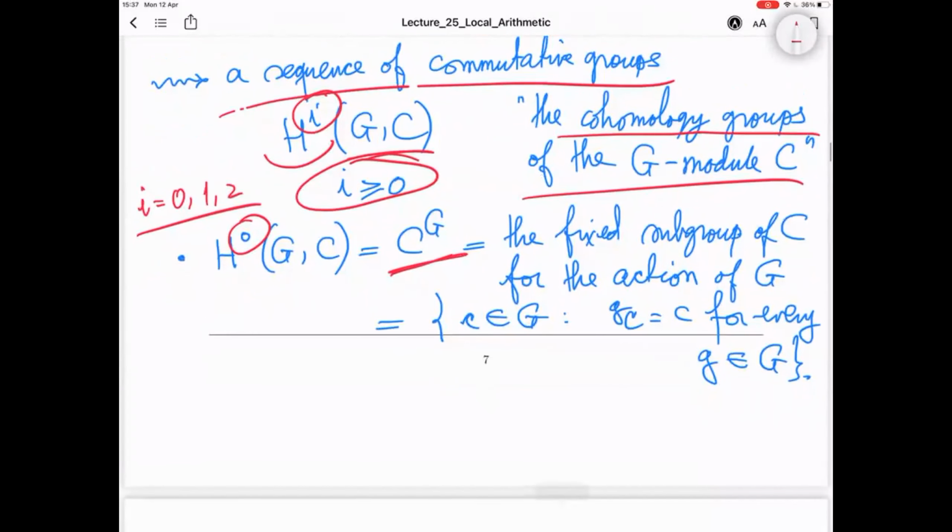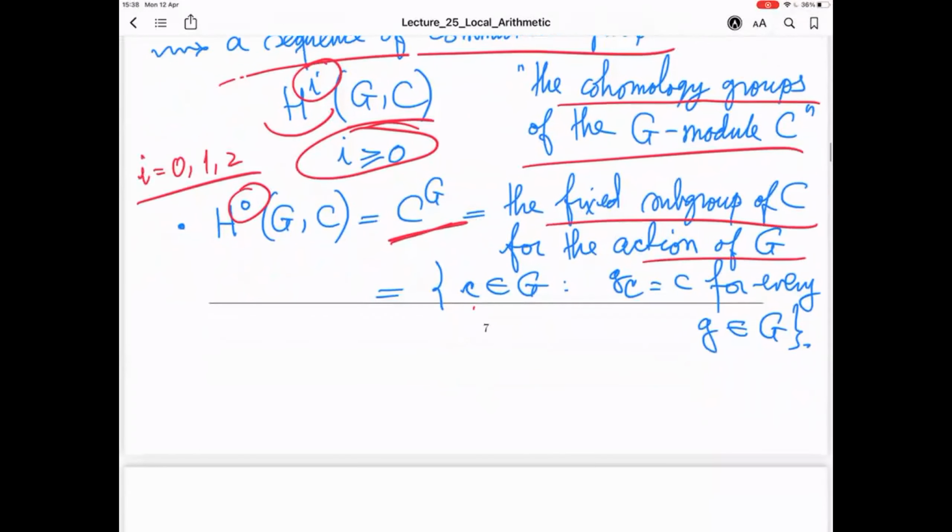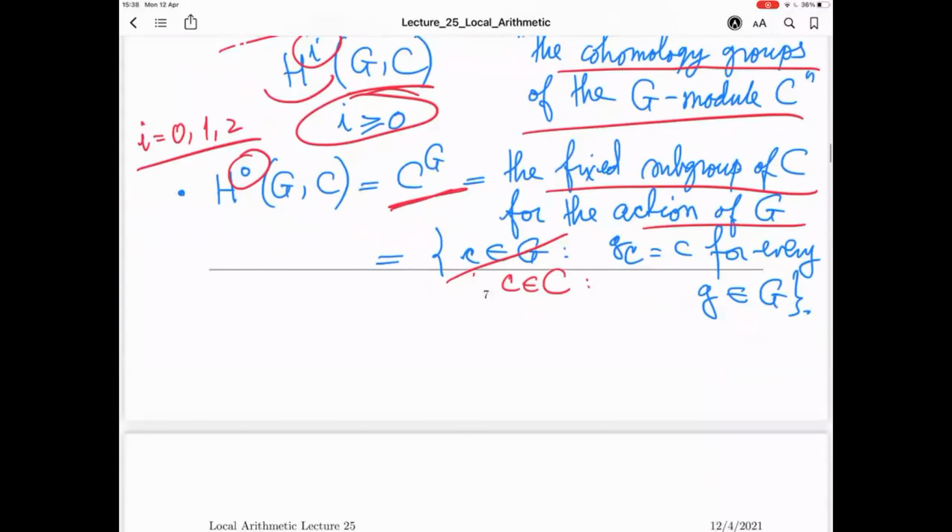It's not the set of all mappings from G to C. No, it is the fixed subgroup of C for the action of G. So it consists of all c in C such that when I make the element g act on it, I get back c.